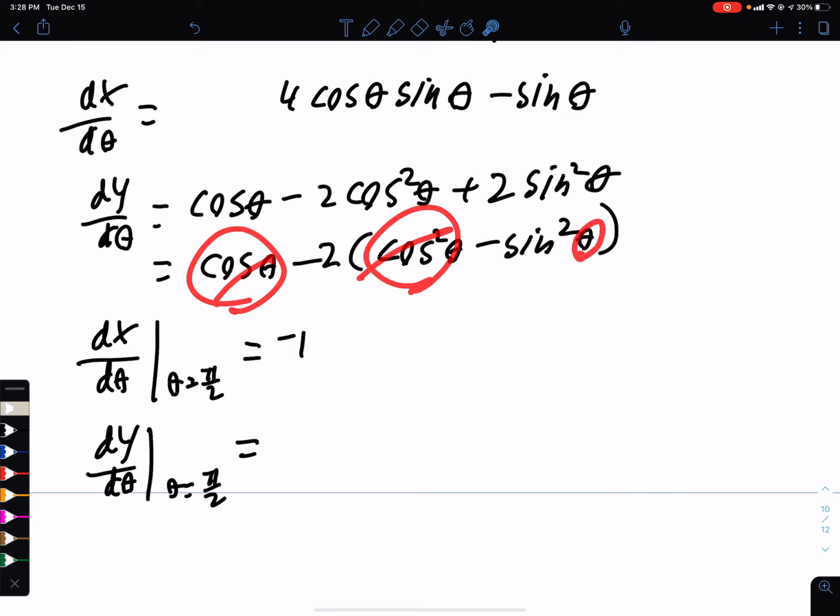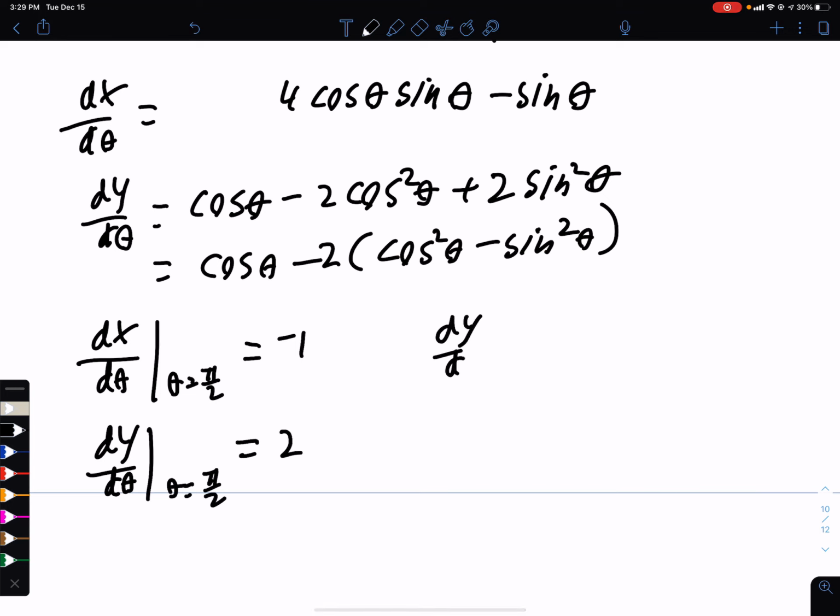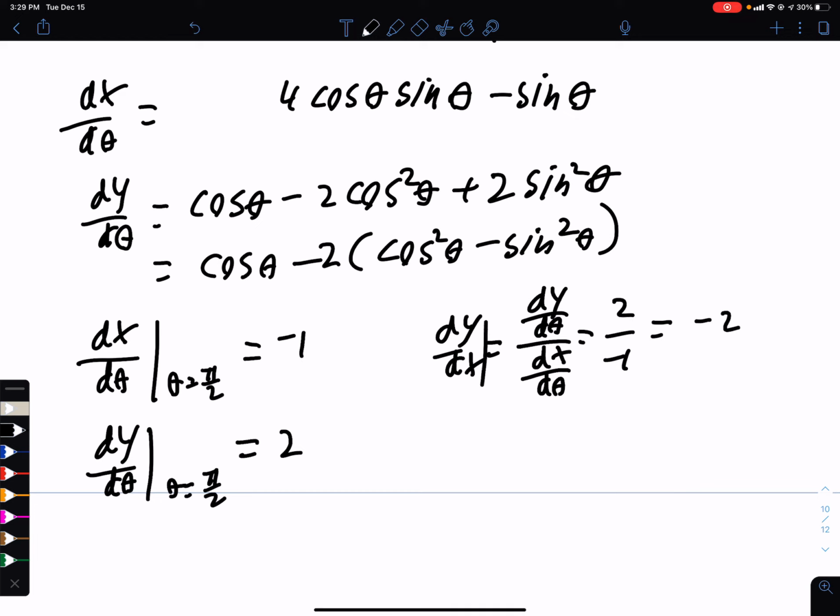Sine of pi over 2 is 1. So negative 2 times negative 1 will be positive 2. So dy dx is dy d theta over dx d theta, which is going to be 2 over negative 1, which is negative 2. All of these are at theta is pi over 2.